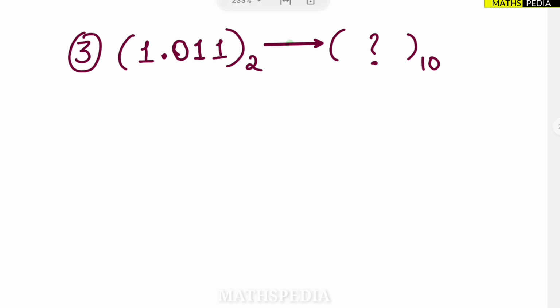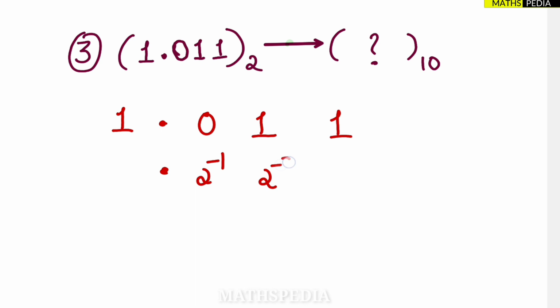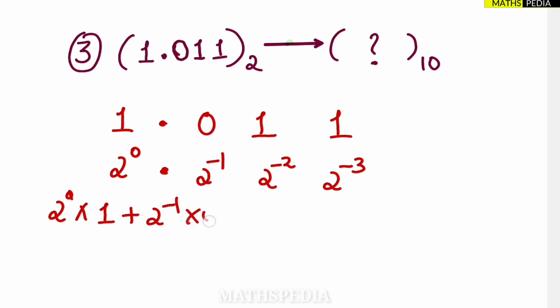So quickly we'll finish off with this one. What we are going to do here, just write directly 1.011. Right hand side, as I said, 2 power minus 1, 2 power minus 2, 2 power minus 3. Here it will be 2 power 0. Multiply 2 power 0 into 1 plus 2 power minus 1 into 0 plus 2 power minus 2 into 1 plus 2 power minus 3 into 1.